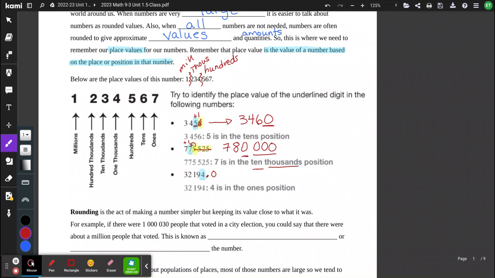If it's in the ones position, this is where we have to look at the first decimal number. So let's pretend that decimal number was 0.3. What would a 3 make us do? Is a 3 going to make us make it bigger or stay the same?